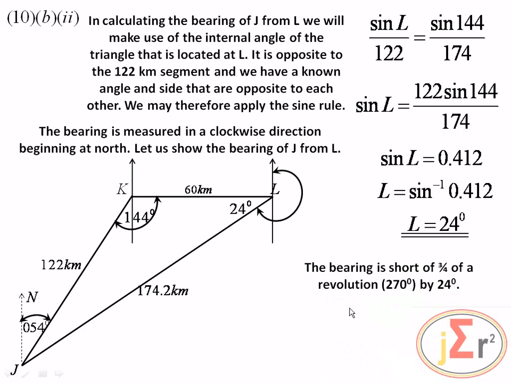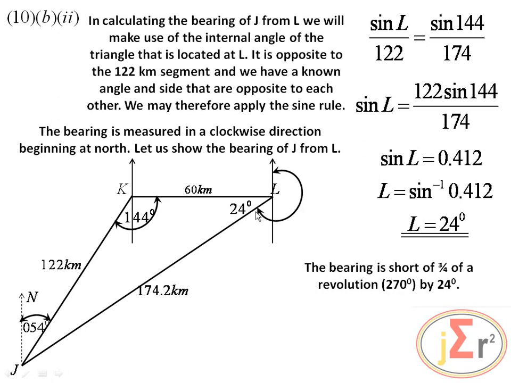The bearing is short of 3/4 of a revolution, and 3/4 of a revolution is 270 degrees, and it is short.